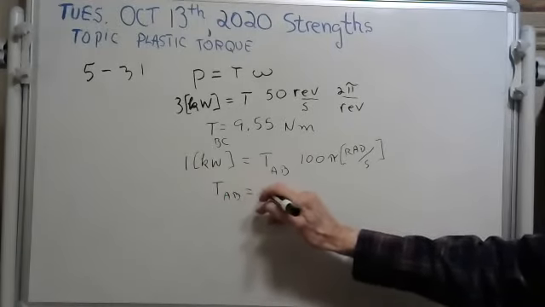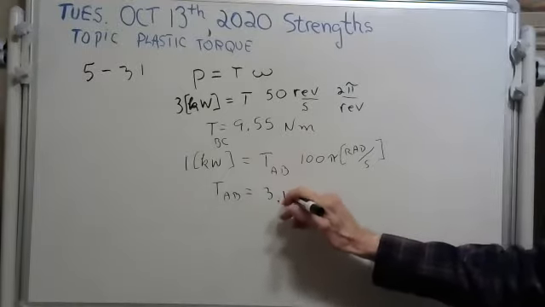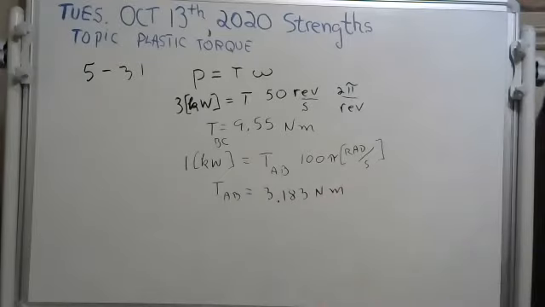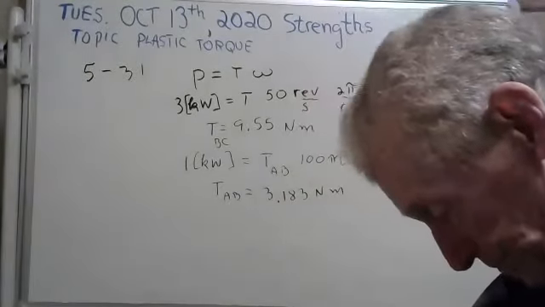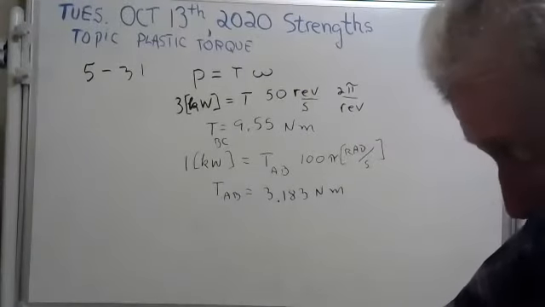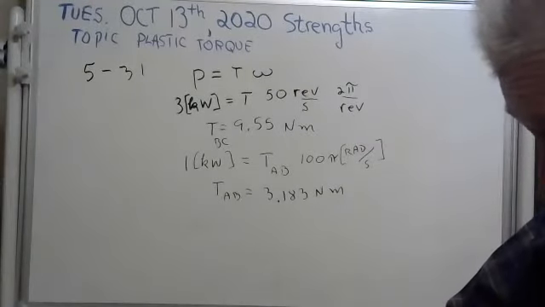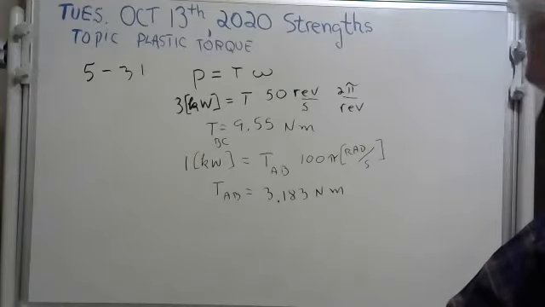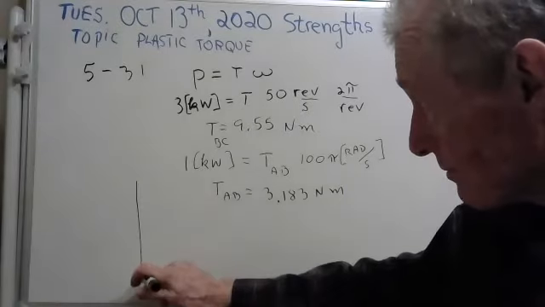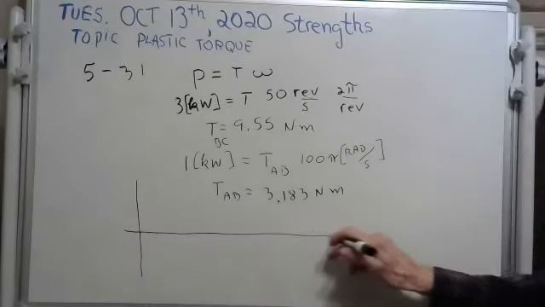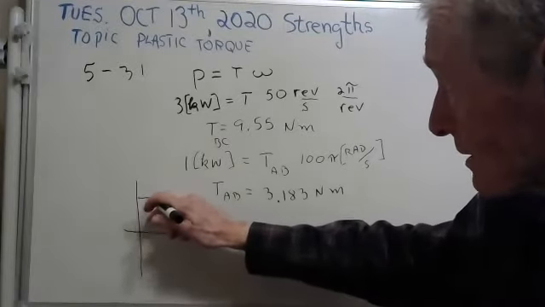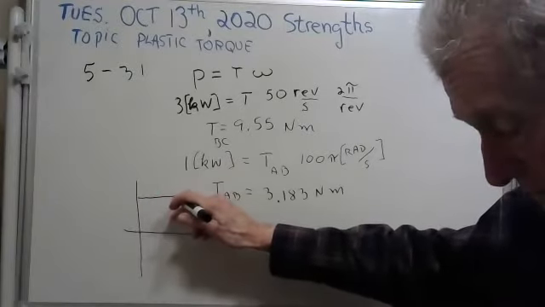Mohammed, are you checking me? Am I doing this right? You getting the same thing I'm getting? Yes. Okay, and now what we're going to do is plot our torque loading diagram. Do we have room here? I probably have room here. And so what you have is a torque of 9.55.